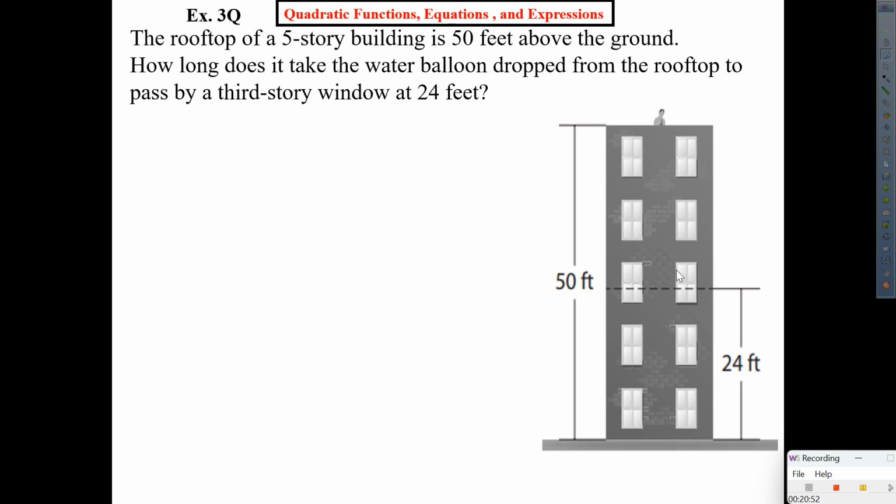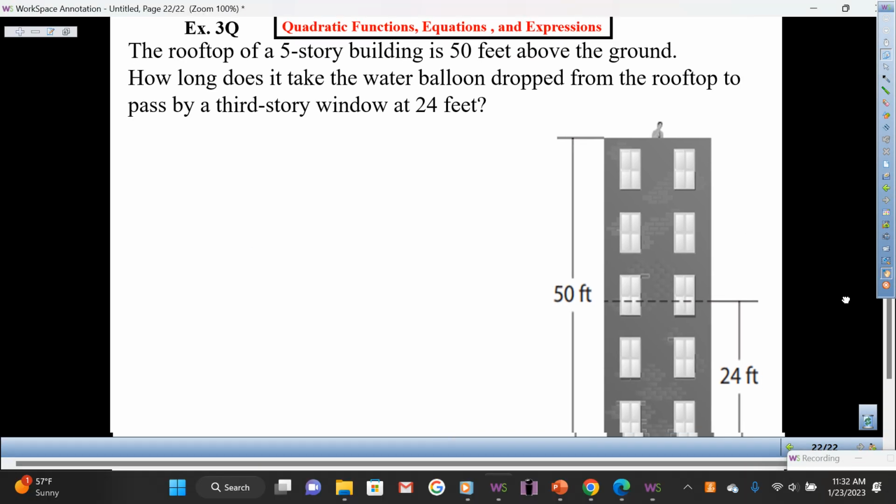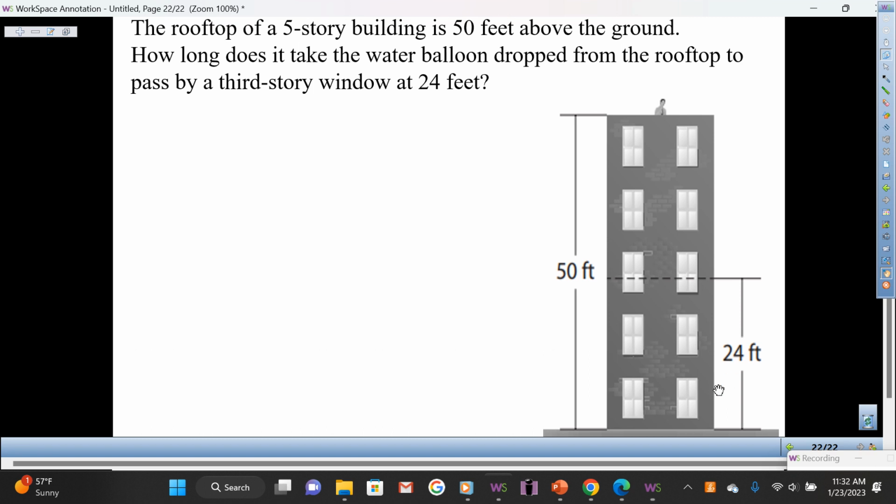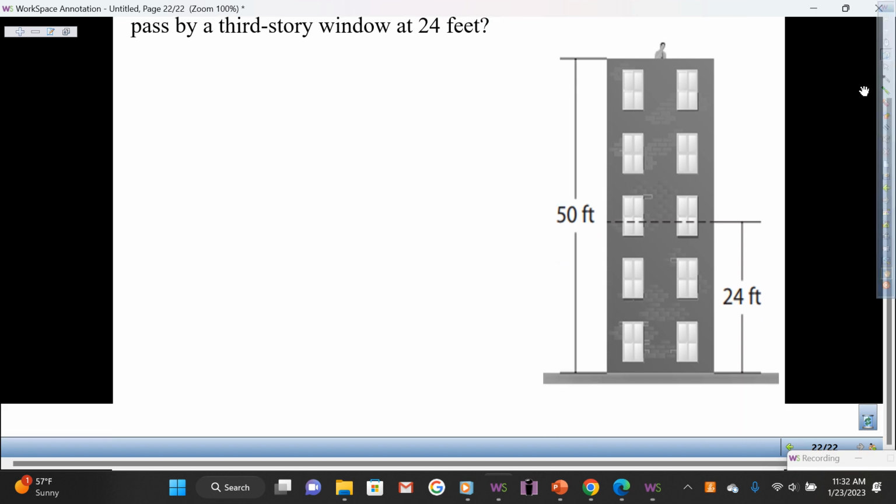All right, so 5-story building, 50 feet above the ground. Okay, so let's draw a water balloon. I'm going to draw it on this side over here.